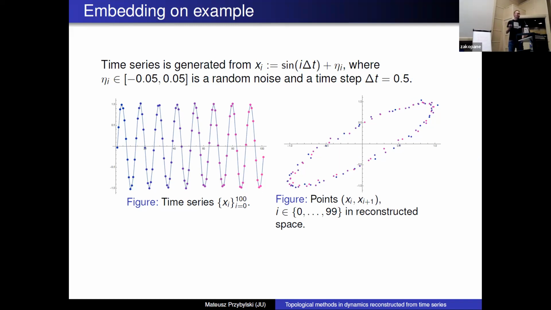This is a classical example with the time series generated from a sine function with some random noise. After the reconstruction, you see on the right that we have an ellipse-like shape, which shows us a kind of periodic behavior. So we expect that after the reconstruction, we get something which mimics the dynamics given by the original but unknown dynamical system which generated the time series.